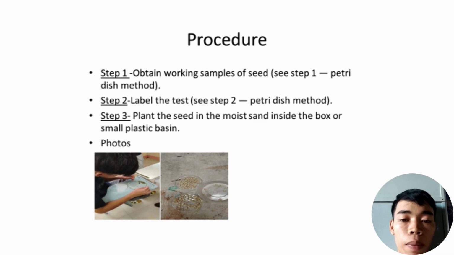Step three, plant the seeds in moist sand inside a box or small plastic basin. In this activity, what we used is the petri dish, with filter paper to maintain the moisture for our seed germination testing. And also, we have here a photo documentation of this activity.